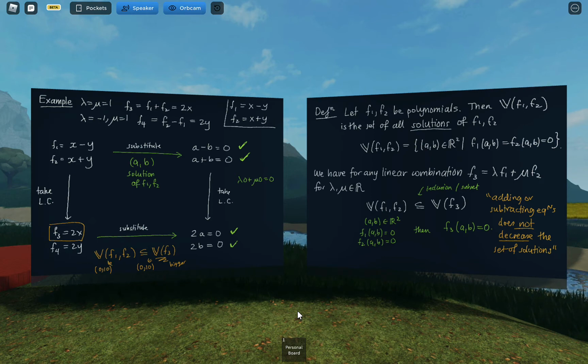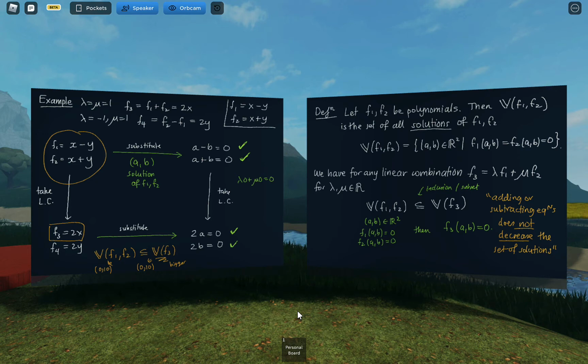Okay, so now we're left with a bit of a conundrum, right? Because if we have some set of equations like this to solve, how do I know when I've preserved the set of solutions? What's the point of forming new equations in the first place? Well, we see in this example that adding and subtracting those two equations gives us a form of the solution which is immediate, right?